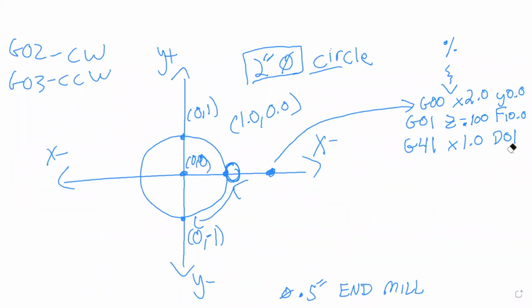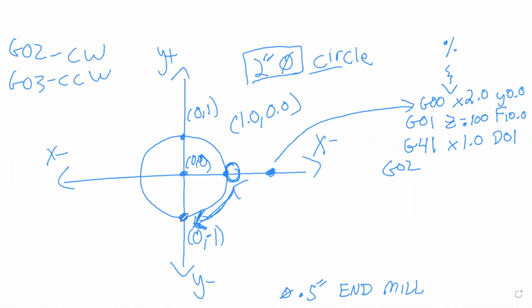All right. So if you guys remember, we programmed to the end of the arc. So we need to call up a G02 because we're moving to this position right here. G02, we're going clockwise right here. Clockwise, G02.